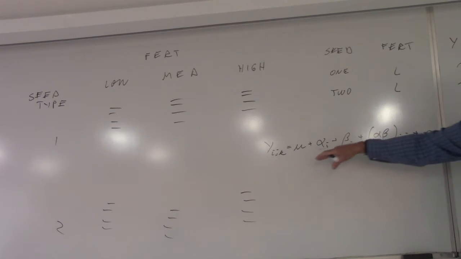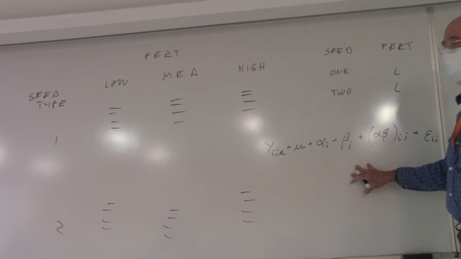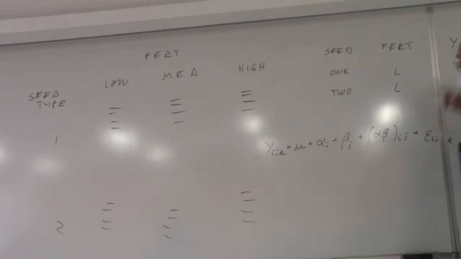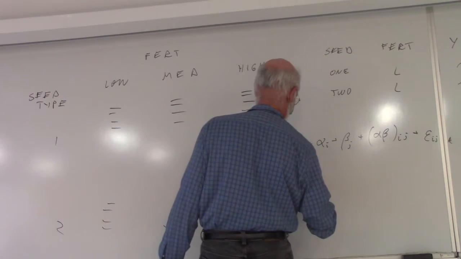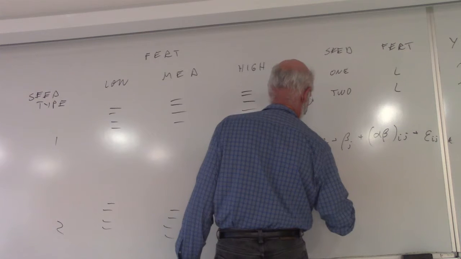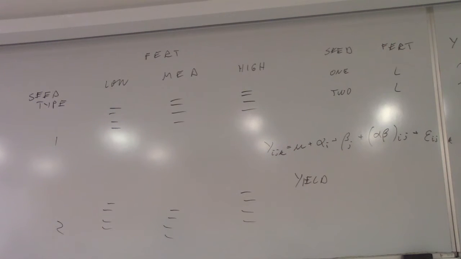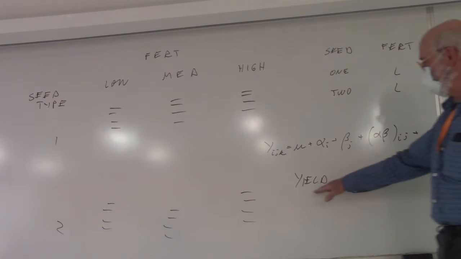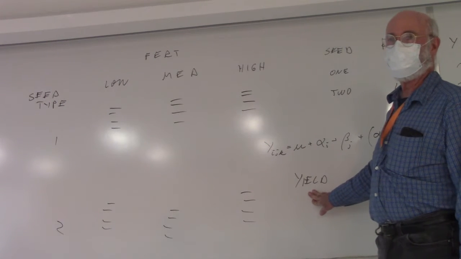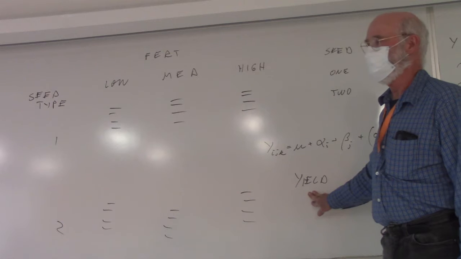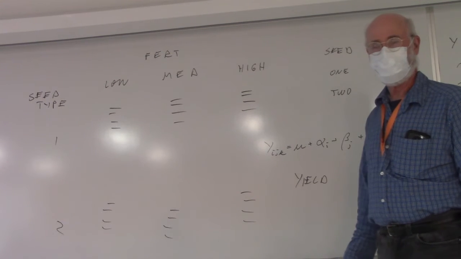So in R, how do you do that model? Well, I have yield, and we have to be careful about capitalizing. If I capitalize it here, and then when I write the code I don't capitalize it, it's not going to like that.